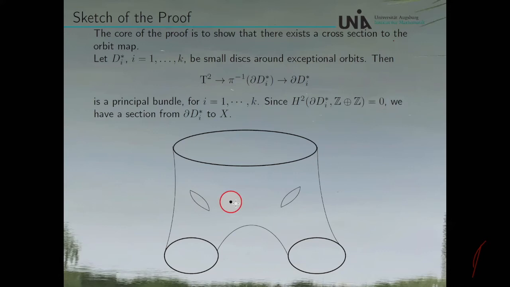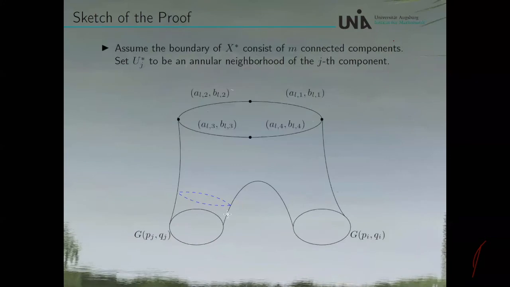Then I can use obstruction theory to show that I can define a section on the boundary of each disk. So the first step is to construct sections on the boundary of each disk. Now I want to extend it, but little by little.